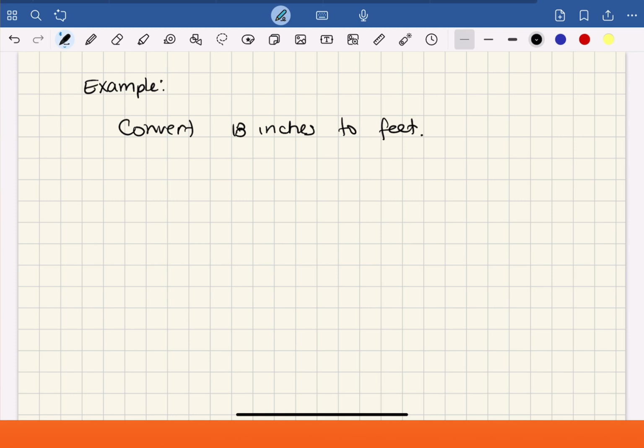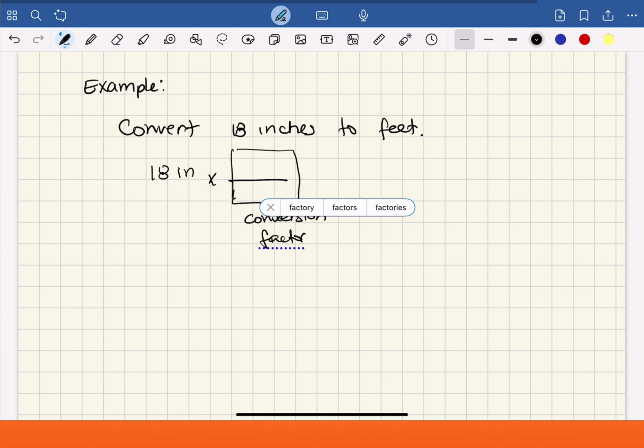Where do you start? You start with 18 inches, and let me write the abbreviated version of it. Then you want to multiply by the conversion factor, which we saw a little bit about in the last unit.